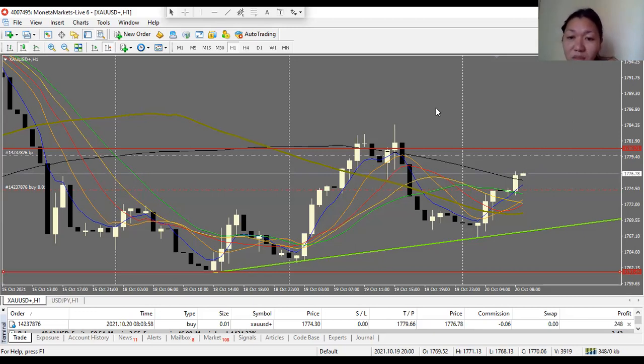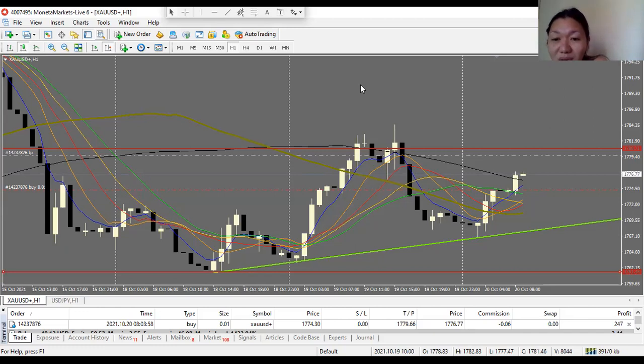Now, the next question is, what are all these lines? I'm sure you're wondering what my indicators are. The discussion about indicators will come much later.